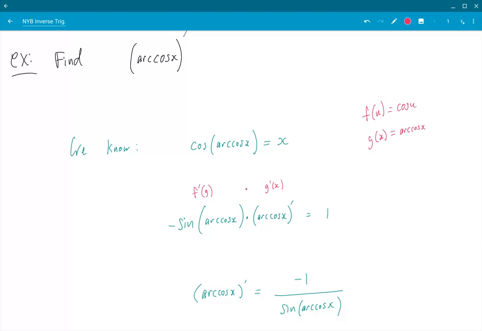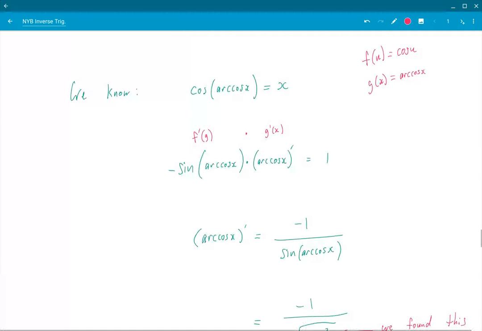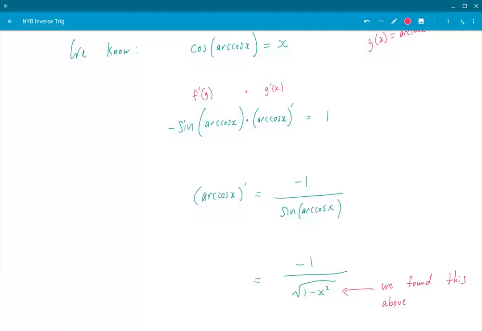Start by isolating the thing I want, and then simplify this denominator. Sine of arc cos of x is something we did earlier in this chapter. I found earlier that it was the root of 1 minus x squared. So there you have it. Here is my derivative of arc cosine of x.